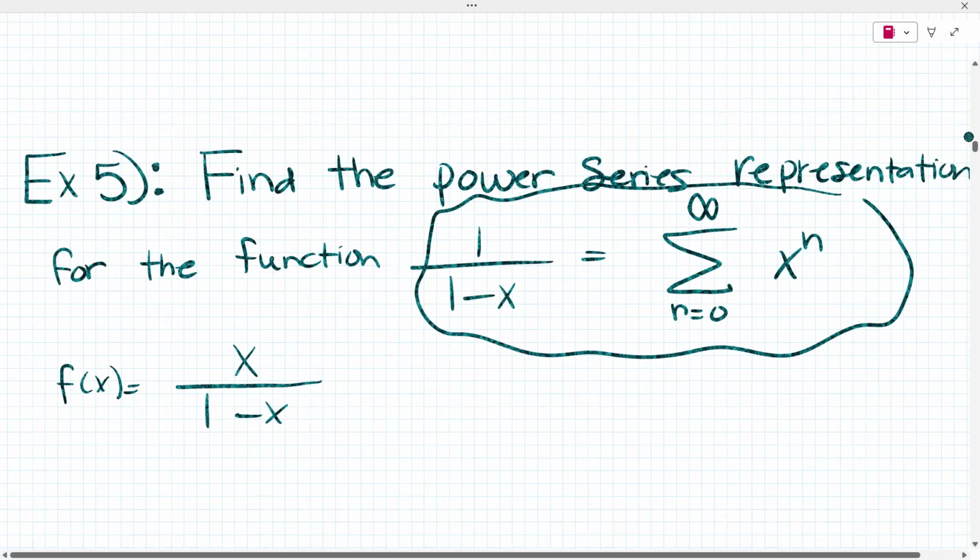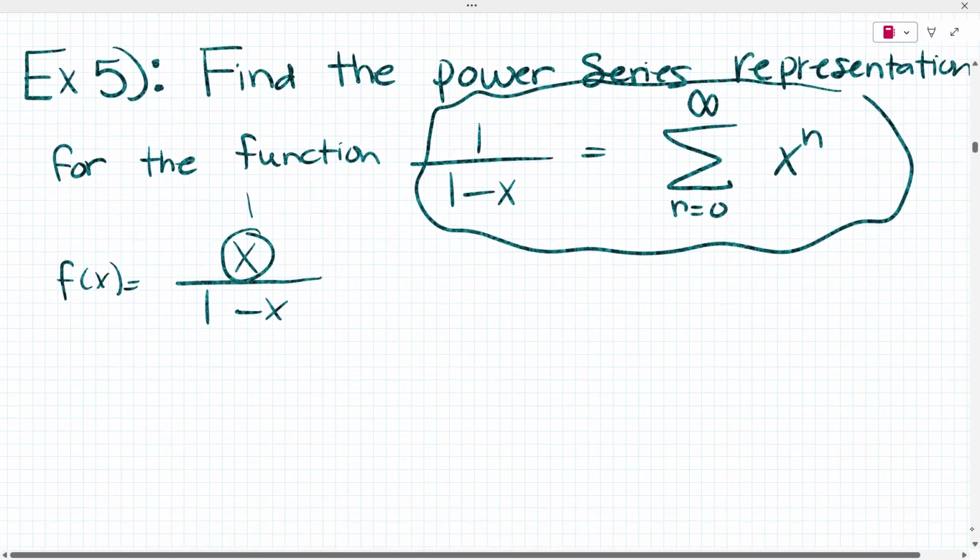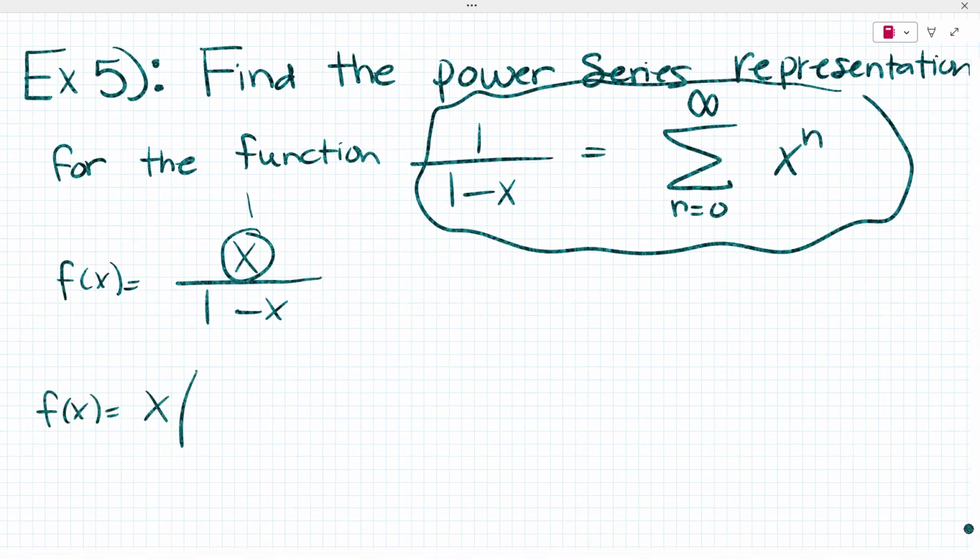So what shall I do? Maybe I could factor out this x, and that'll give us a 1 on the top, right? So maybe that's what I should do first. So I'm going to factor out an x. That's going to be x times 1 over 1 minus x.